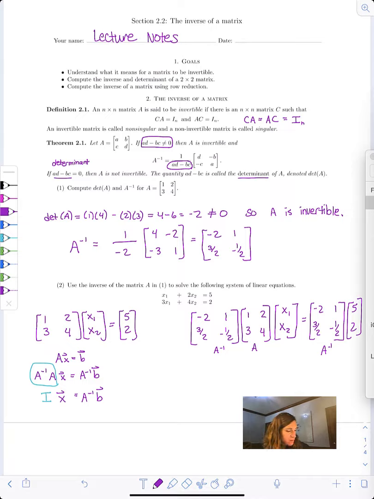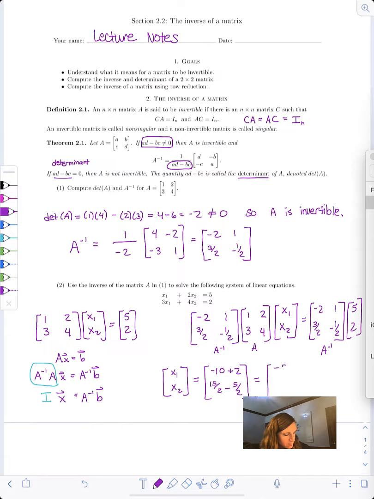So we can apply that over here, and we get x1, x2 equals, and now we do our matrix multiplication. We do our 5 times our -2 plus our 1 times our 2, so we get -10 plus 2, and then 15 halves minus 5 halves.